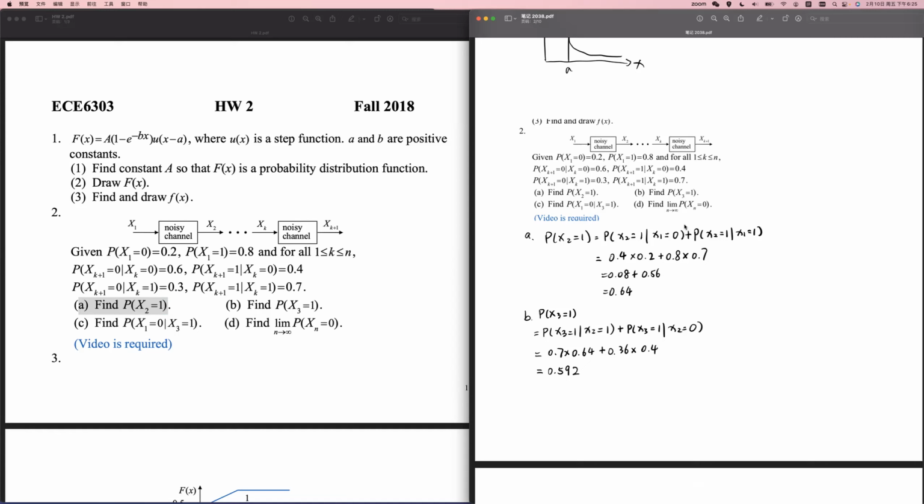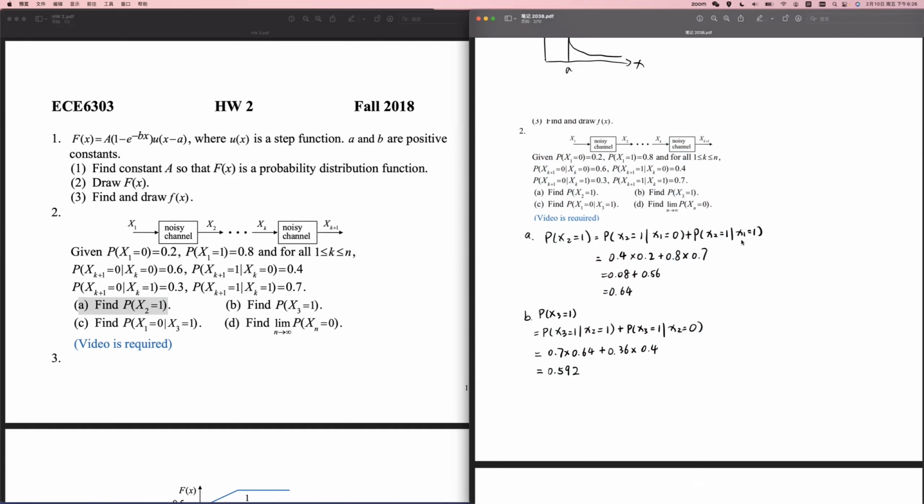So for the probability of x2 equals 1 given x1 equals 0, it should be 0.4 times 0.2, which is the probability of x1 equals 0, which is 0.2, times the probability that given x1 is 0, x2 equals 1, which is 0.4.